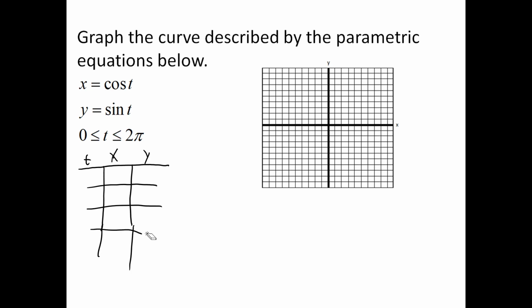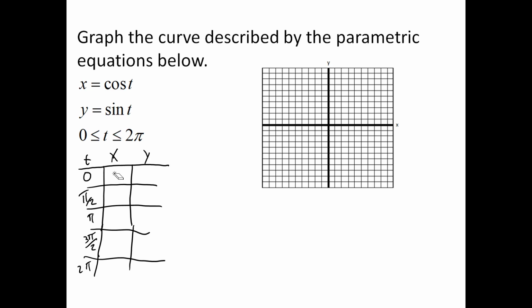We're only interested in the interval from 0 to 2 pi. In trigonometry, we learned to use the quadrant angles when graphing this: 0, pi over 2, pi, 3 pi over 2, and 2 pi.